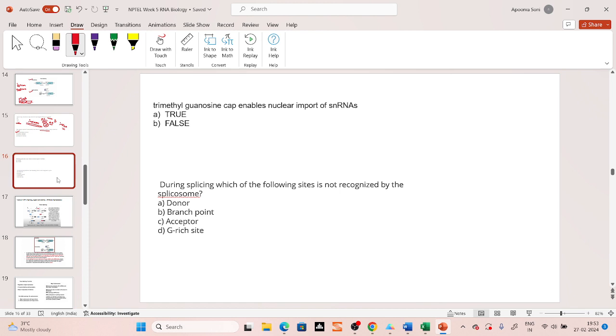I'm trying, although. Okay. Trimethyl guanosine cap enables nuclear import of snRNA. True or false? Tell me. Trimethyl guanosine cap enables nuclear import of snRNA.